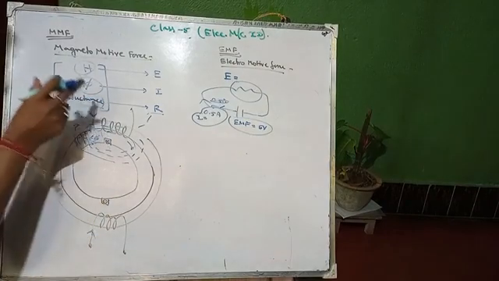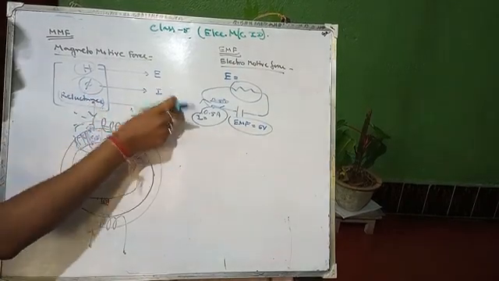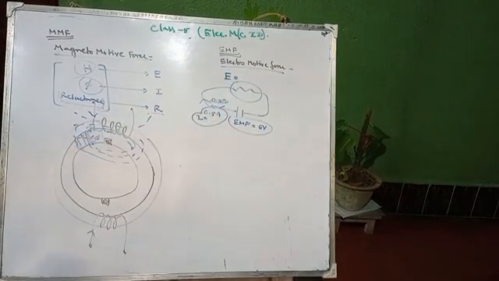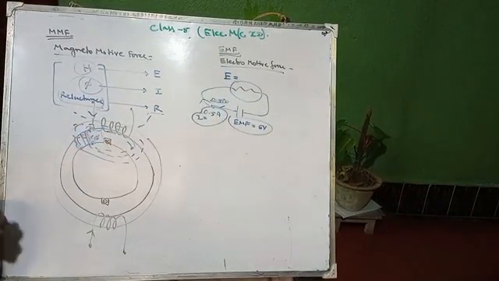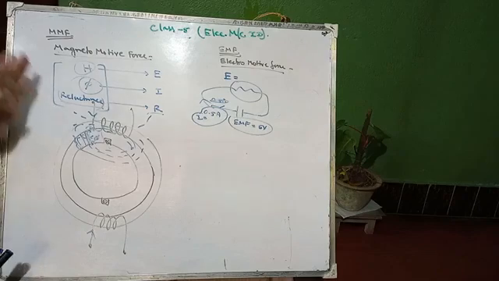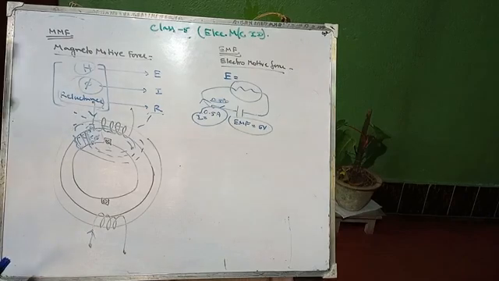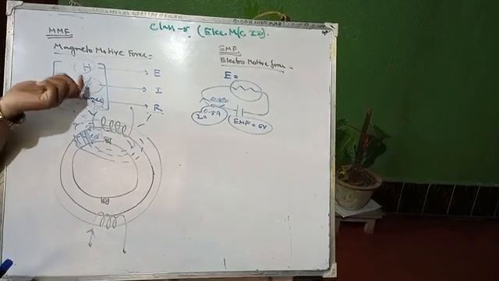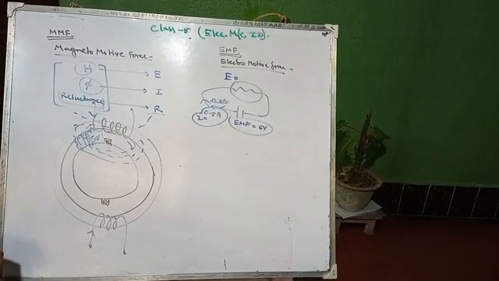So reluctance shows the same effect as the resistance offered in an electric circuit. MMF means the magnetomotive force which causes a magnetic flux to flow through a particular medium.